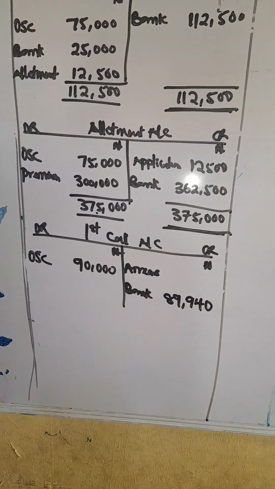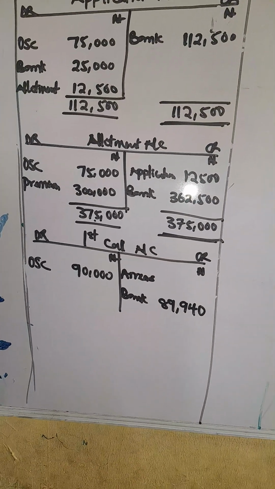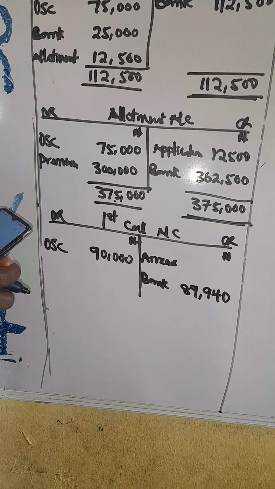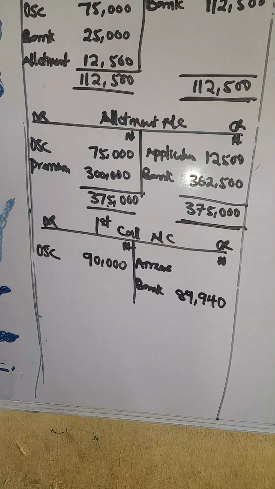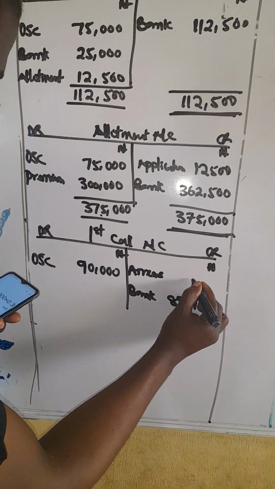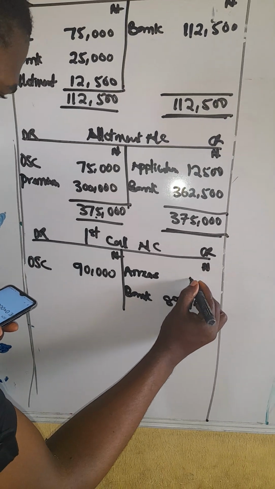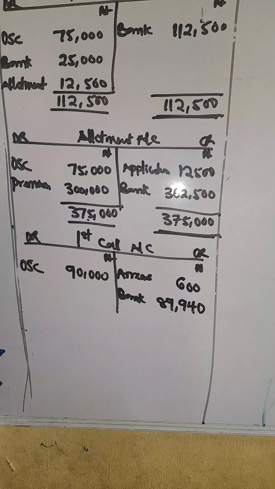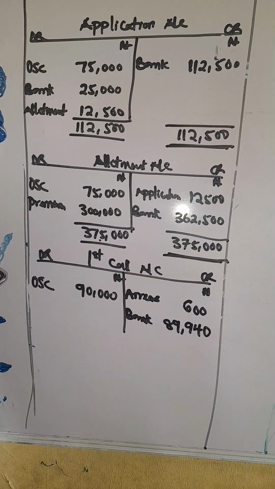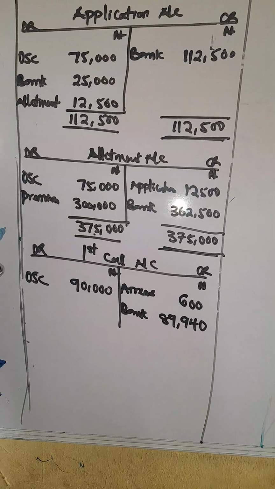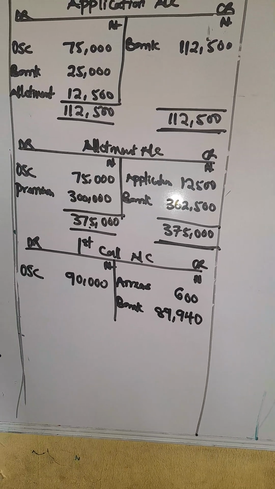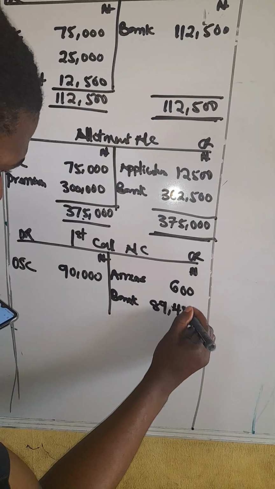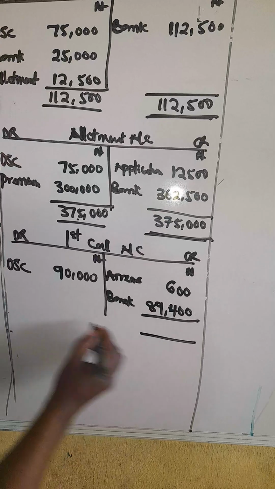So the balance will be what? Arrears, which is 2,000 times 0.3, that will give us 600. So 90,000 minus 600, the bank received 89,400. This is what the bank received.